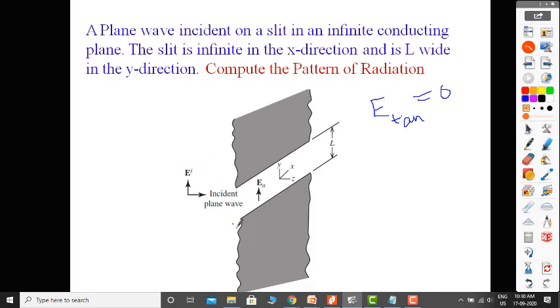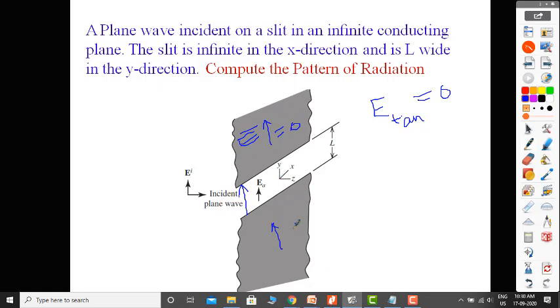Since this electric field is impinging on the plate tangentially, the electric field exists over the gap of length L, whereas on the plate the electric field is 0.